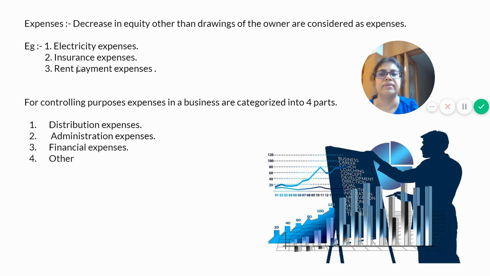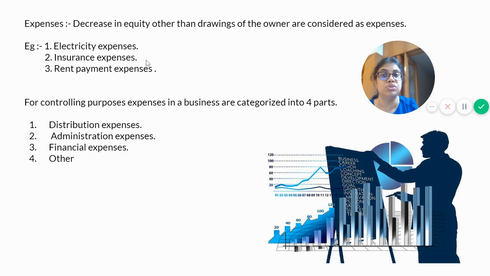Then, in order to reduce the risk of doing the motor car selling business, you have to take up some insurance coverages. So thereby, insurance expense also you have to incur. Then rent payment. If you are not operating your business in your own premises, if you have rented a place, for that you have to pay rent. So all these are expenses.